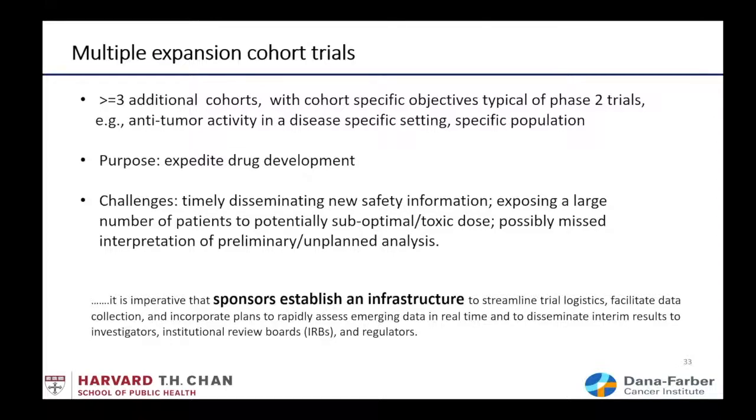So I think one of the suggestions in the draft guideline is that it is imperative that sponsors, usually the pharma company, establish an infrastructure to streamline trial logistics, facilitate data collection, and incorporate plans to rapidly assess emerging data in real time and disseminate interim analysis to investigators. So you really have to have the necessary infrastructure to handle the challenges brought by this multi-expansion cohort study.